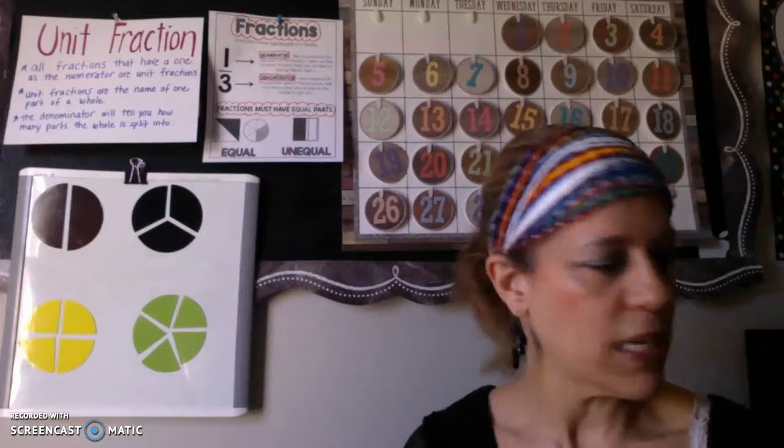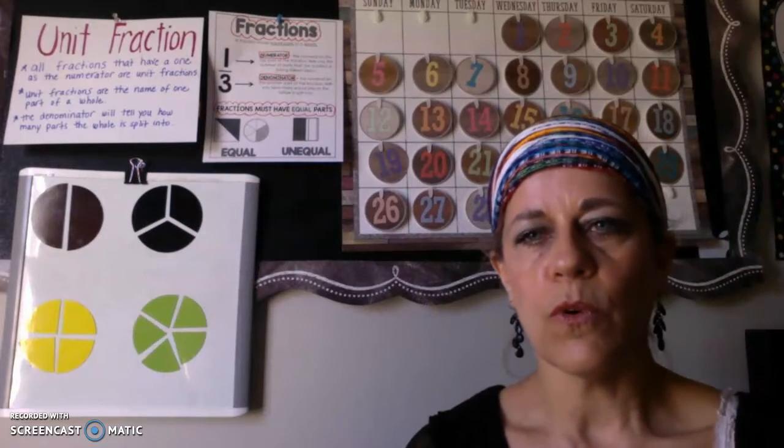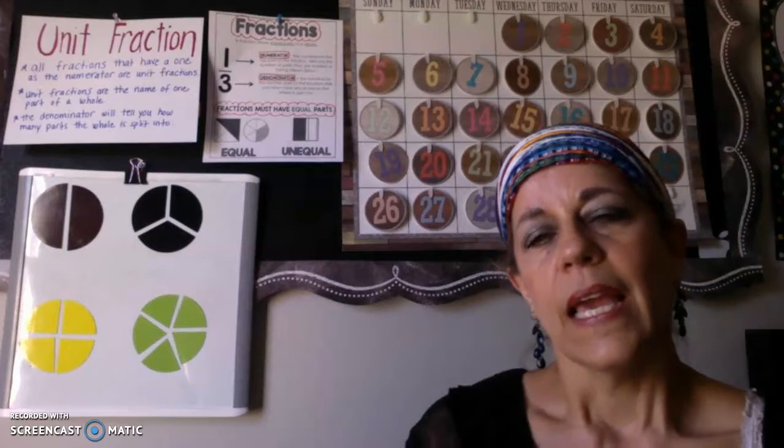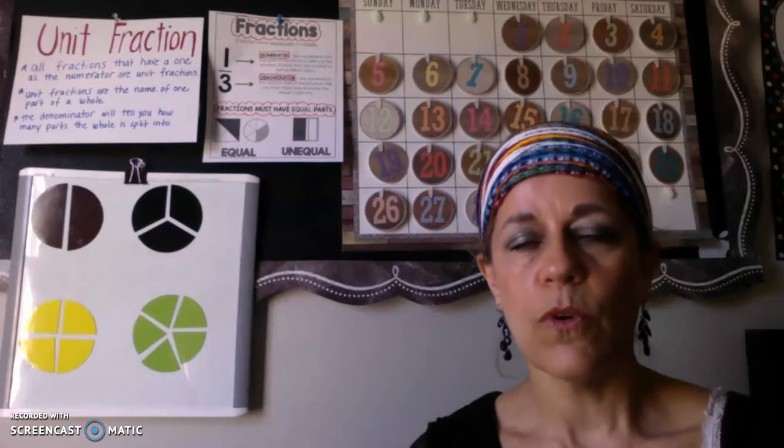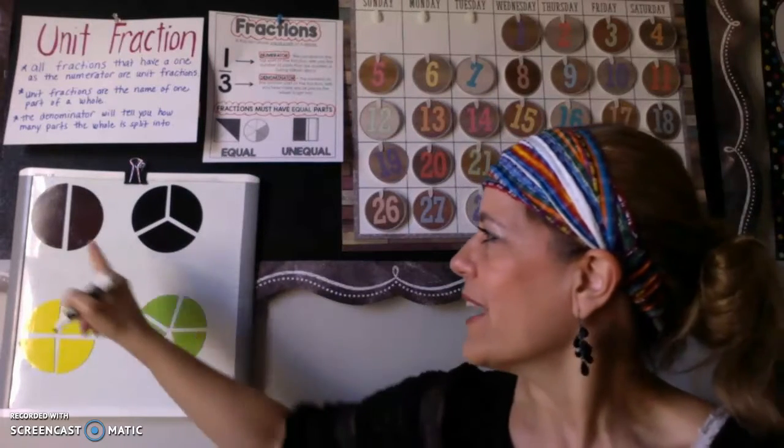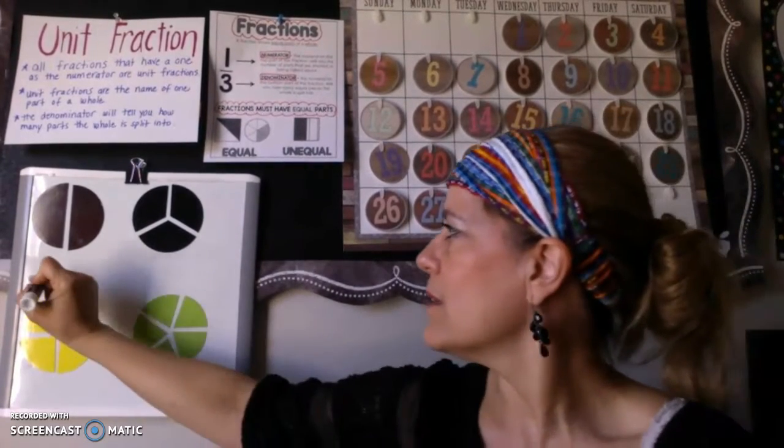So when I write a fraction, I am going to have a numerator, that's the numeral on the top, and I'm going to have a denominator, the numeral that is down under the horizontal line. So it's under the line. So in my first circle, I've divided that circle into 2 parts.